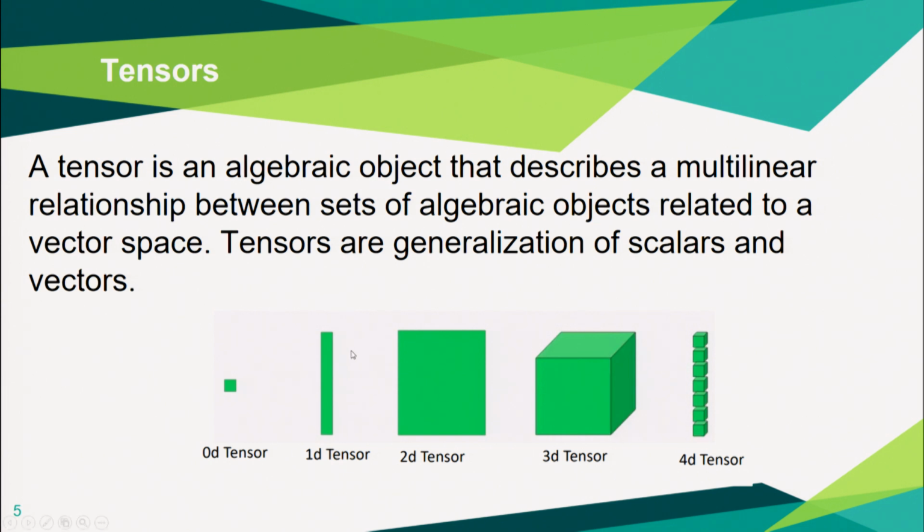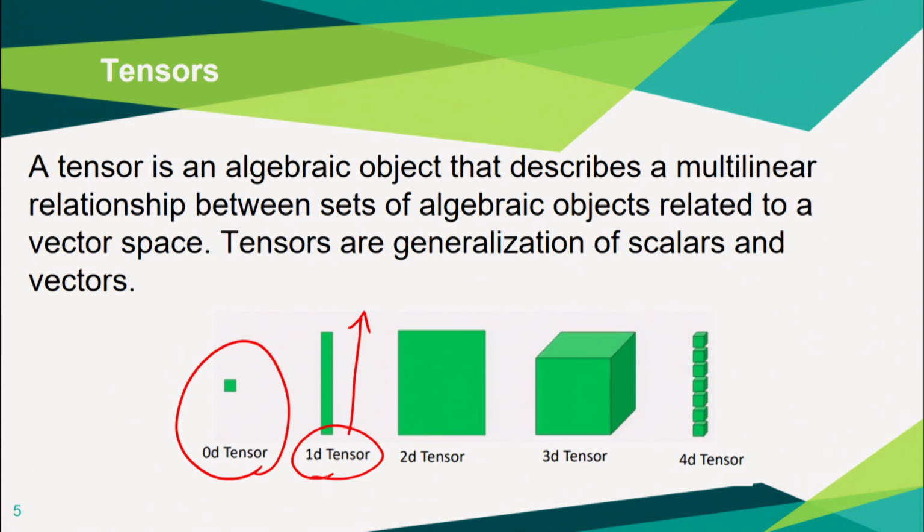If you see the example here, if you take one particular algebraic object, we call it a 0-dimensional tensor. And if we have a set of values arranged in the form of an array, we call it a 1-dimensional tensor.